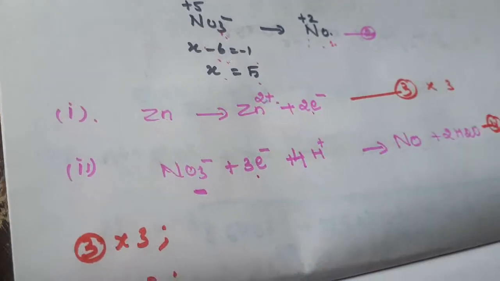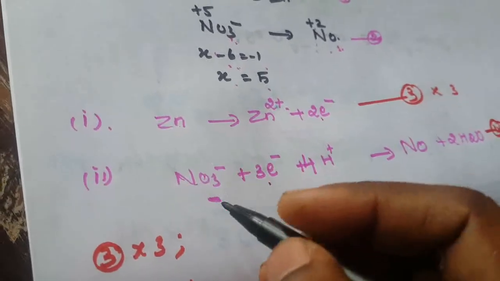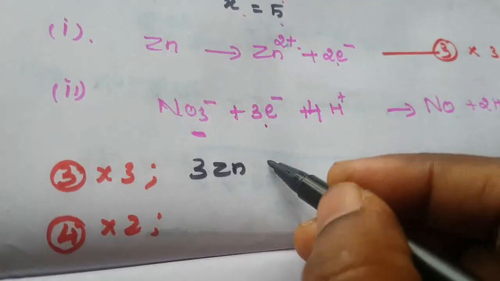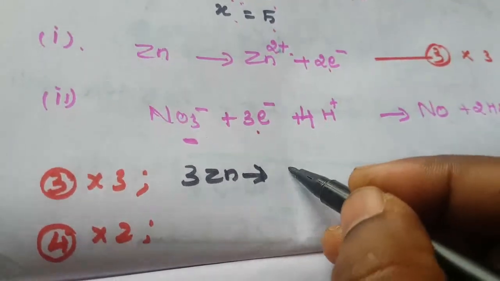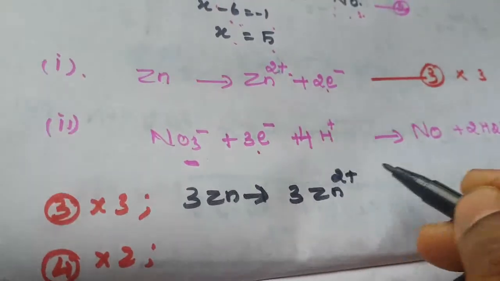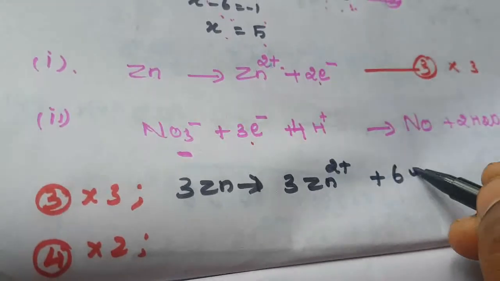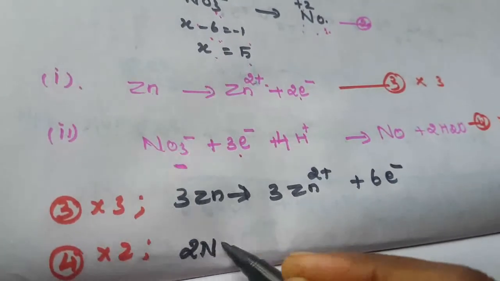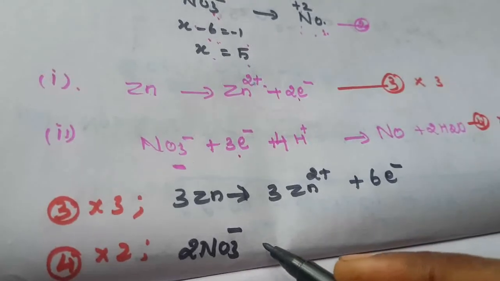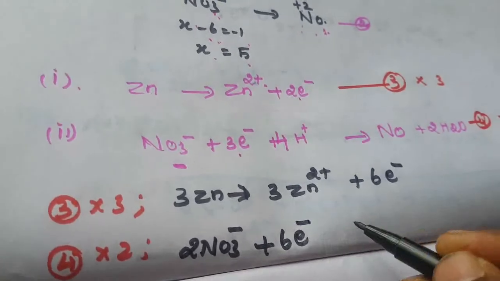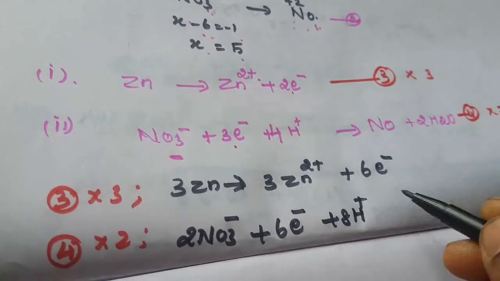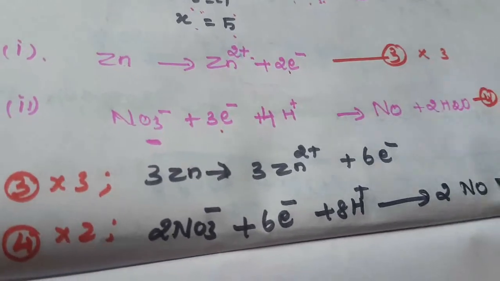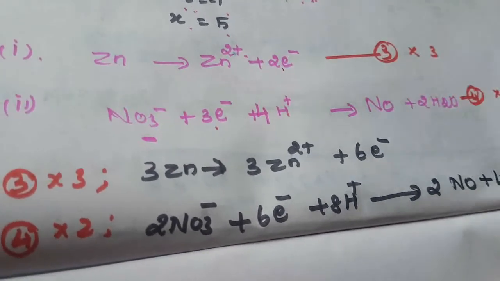Okay, so what is the answer here? 3 Zn gives 3 Zn 2+ plus 6 electrons, right? Here that is multiplied by 2: 2 NO3- plus 6 electrons plus 8 H+ gives 2 NO plus 4 H2O.